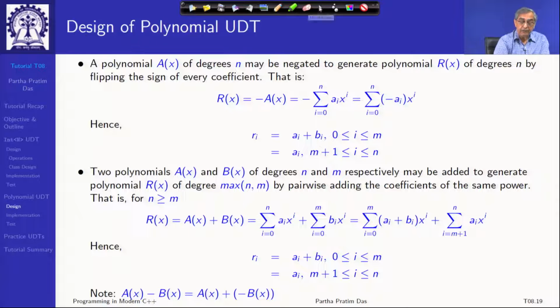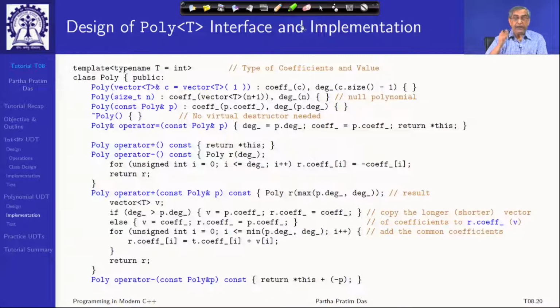Obviously, we can define multiplication of polynomials. Division of polynomials is relatively more difficult because a polynomial may not divide another polynomial totally. It might be an infinite process or it has to be defined in a different way. But at least multiplication can be defined, and I leave that as an exercise. But with this itself we can do quite a lot.